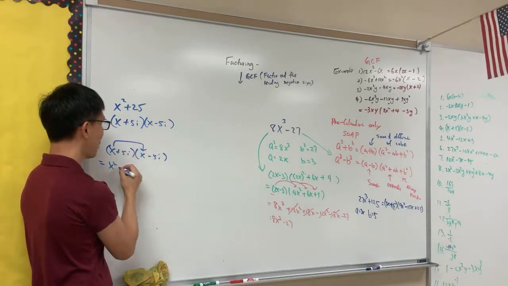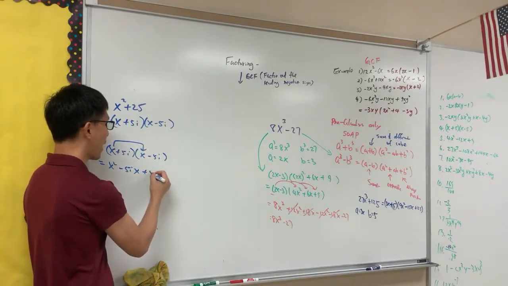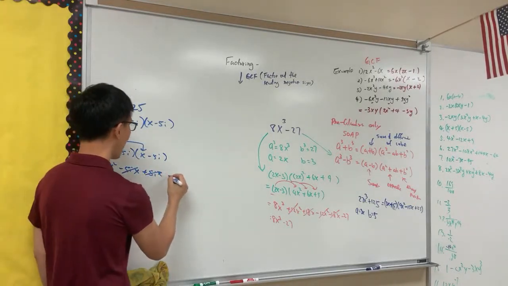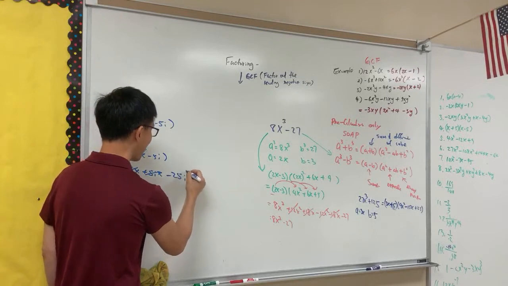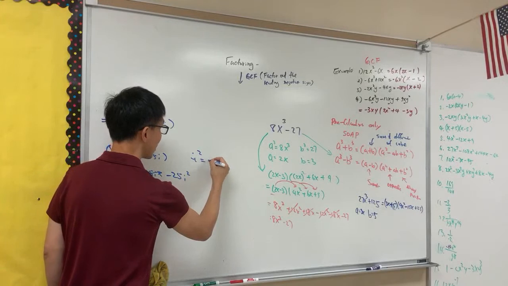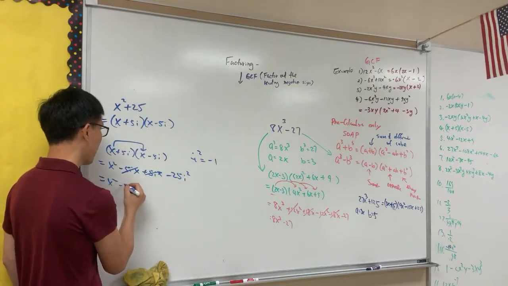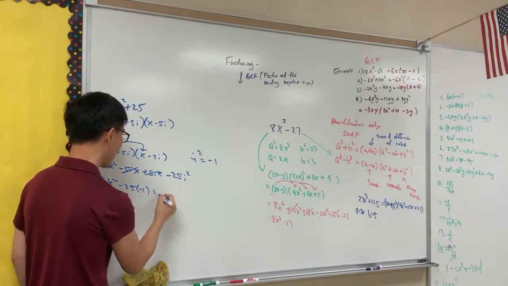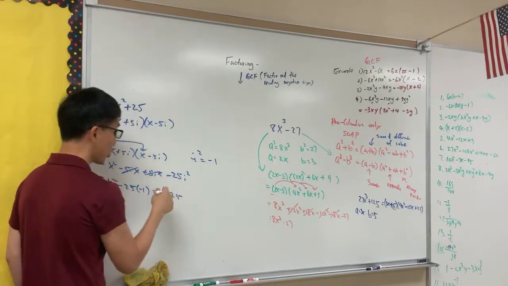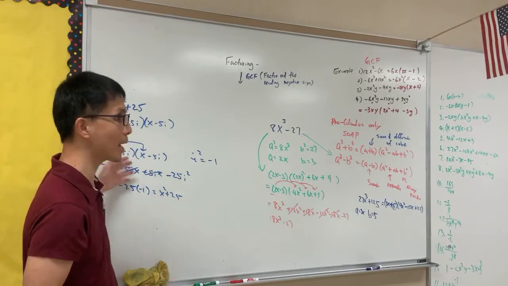And then minus 5ix, plus 5ix, those two cancel out, and I'm going to take minus 25i squared. You guys know i squared is what? We're going to learn this. It's going to be -1. i squared is -1, so therefore it's x squared minus 25 times -1, so that's equal to x squared plus 25.